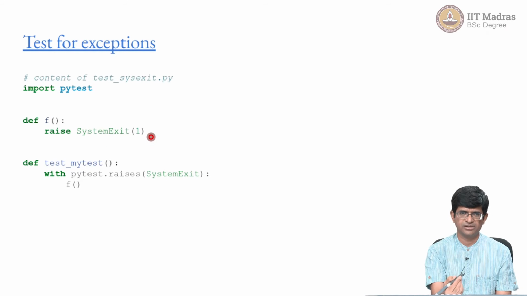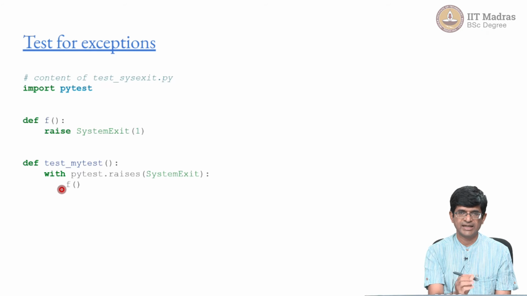Now this is obviously a contrived example, but supposing I wanted to check a test where, let's say, I'm trying to access a particular data structure or an array outside of its bounds.